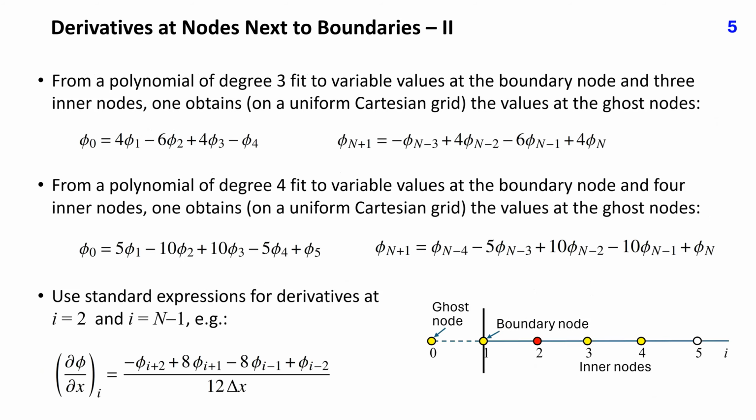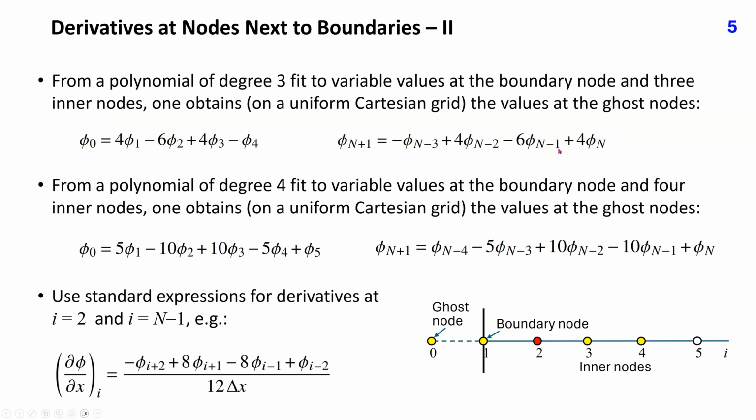Here are examples of extrapolation to ghost nodes for third and fourth order polynomial fits. From a polynomial of degree 3 fit to variable values at the boundary node and 3 inner nodes, one obtains on a uniform Cartesian grid the following expressions for variable values at ghost nodes.